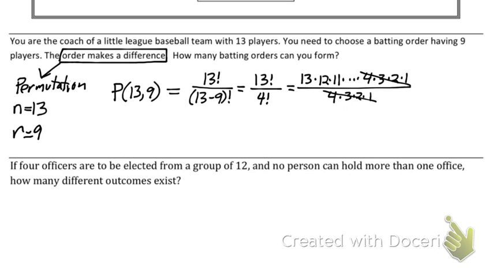So if you're doing this division and you just want to type this quickly in your calculator and you can't find your factorial button, you just have to do 13 times 12 times 11 times 10 times 9 times 8 times 7 times 6 times 5, and you don't go any further because 4 factorial gets rid of the rest. So this is just 13 multiplied all the way until you get to 5. But no matter how you solve it, you're going to come out to 259,459,200 different ways you can make your arrangement.